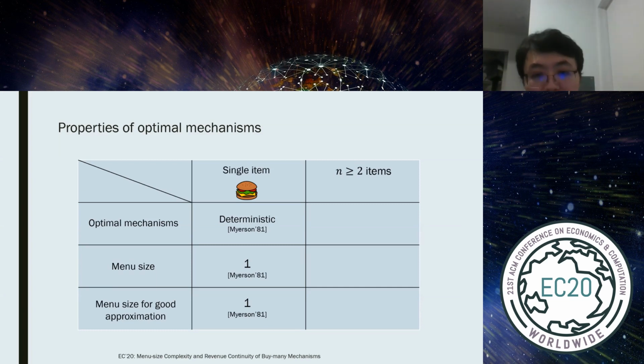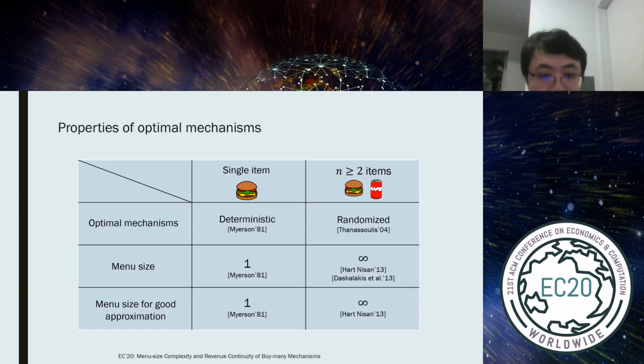However, in the multi-item setting, even when there are only 2 items, options with a random allocation on the menu are usually necessary. And an infinite number of menu entries may be needed to get the optimal revenue, even in a very simple setting like selling 2 items to an additive buyer with independent item values.